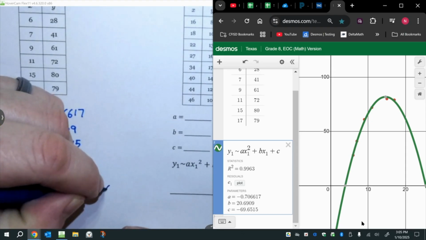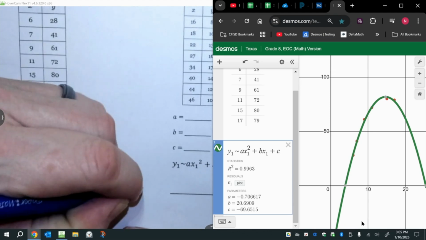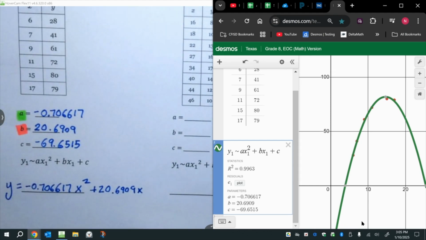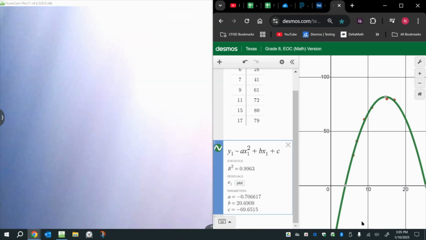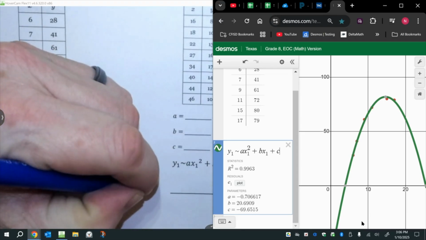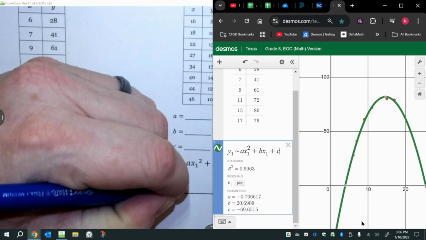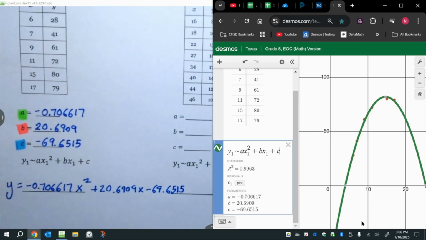Plus 20.6909 x. And then we have our minus 69.6515. Okay, so now what we're going to do is type this and see, do I get the same line?